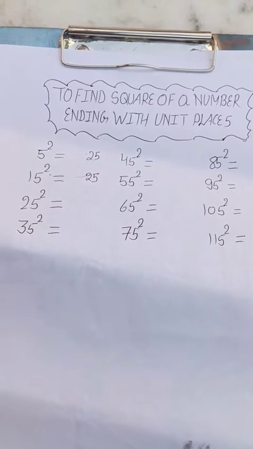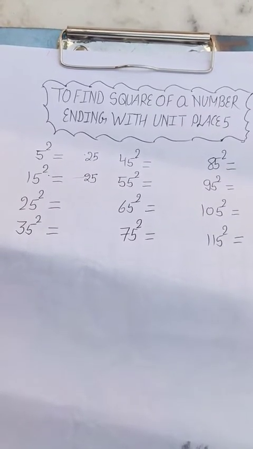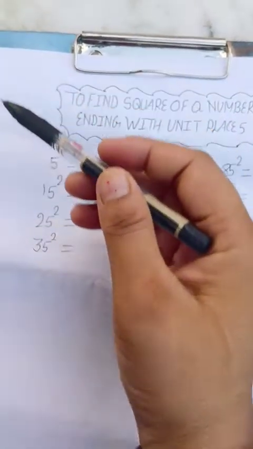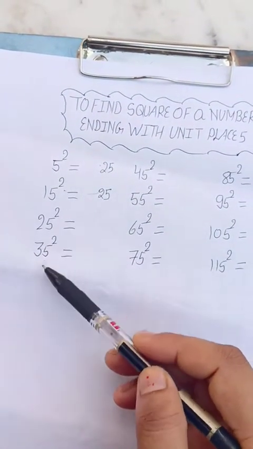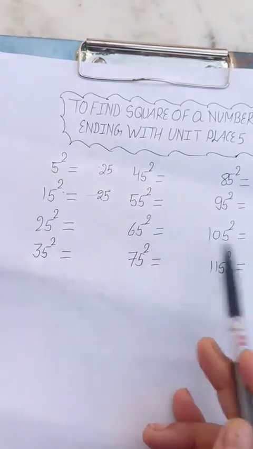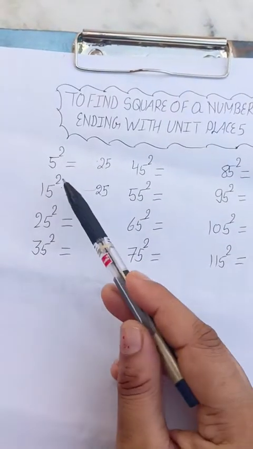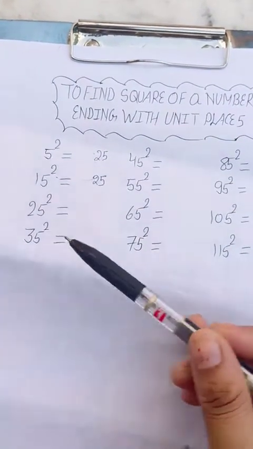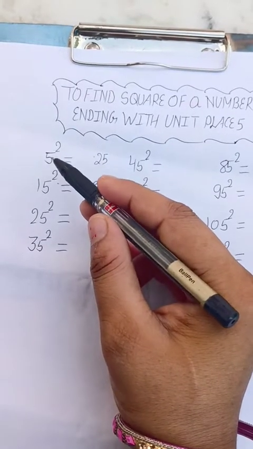So students, here we will take examples of numbers having unit place 5. Our first number is 5 square, second is 15 square, 25 square, 35 square, 45 square, and so on. In all these numbers we have unit place 5. First of all we will write a number having unit place 5.